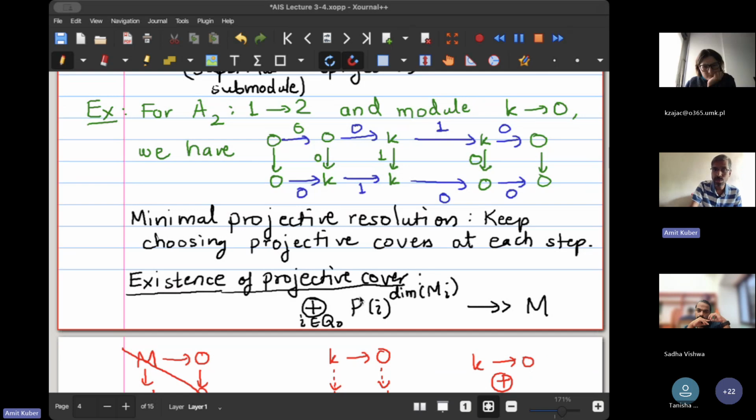And then the corresponding kernel, in this case, turned out to be the radical of that particular projective module. So can you see that radical of P2 in this case is actually P1?